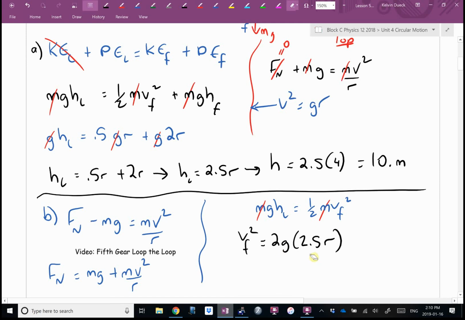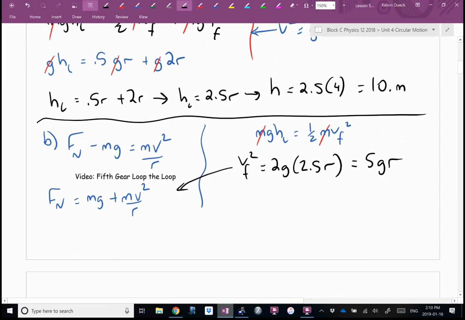What's 2 times 2.5 in your head? So v f squared is 5 g r. Walking back over here, we get this. The normal force at the bottom is mg plus m over r times 5 g r.